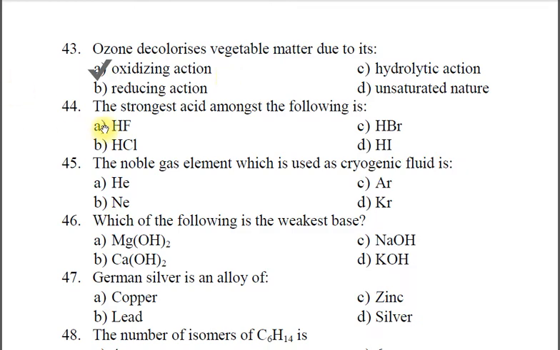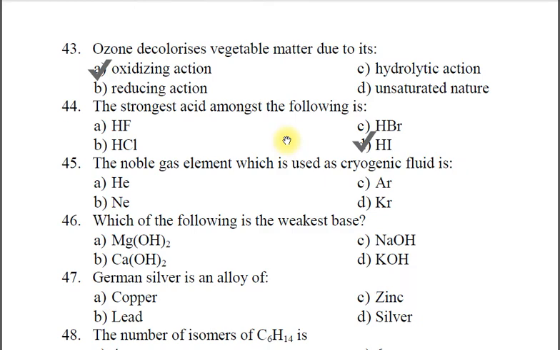Question number 44. The strongest acid among the following is A. HF, B. HCl, C. HBr, D. HI. And the correct one is the option D, HI. The acids lose protons when they get dissociated.